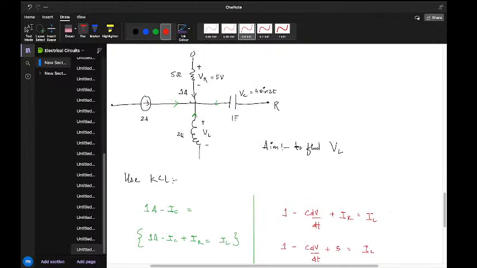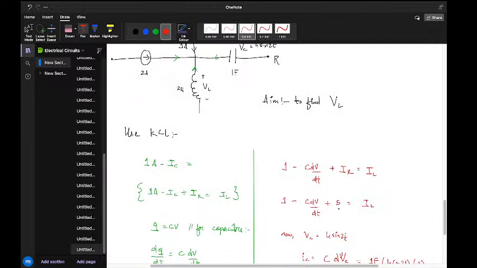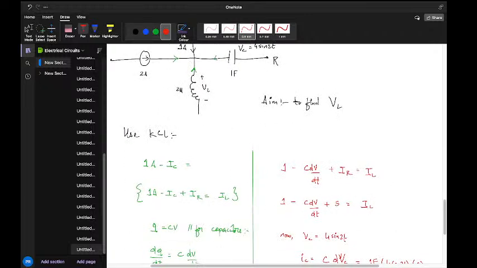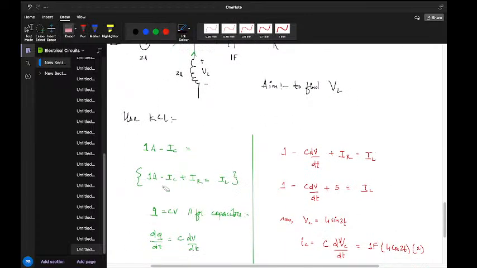I've made a mistake. Okay, let's just not consider this out here. We know I of R is 1 out here. So this is 1 amp, this is 2 amps. So let me just try making some corrections out here.